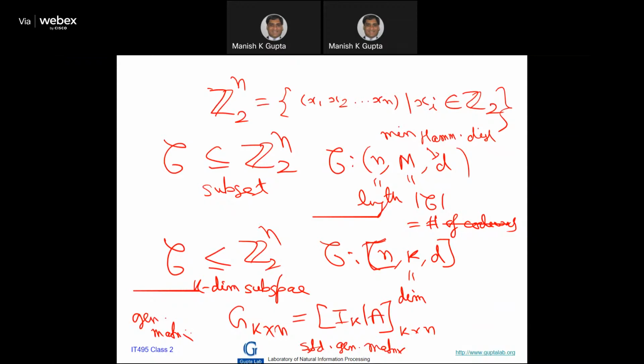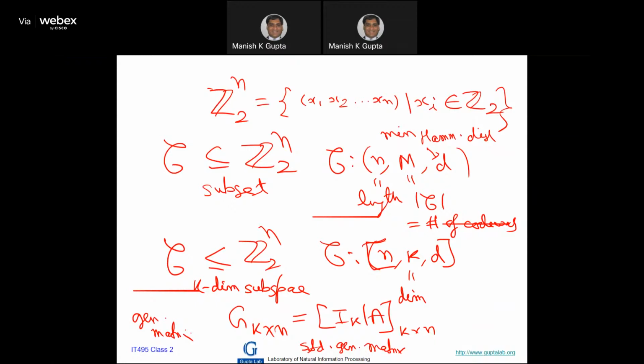I also gave you an idea that a linear code can be described by a generator matrix having K basis vectors which span the whole space. And how do you span the whole space? C is the set of linear combinations of these K independent vectors, with lambda 1, lambda 2, lambda 3, up to lambda k from the ground field Z2.